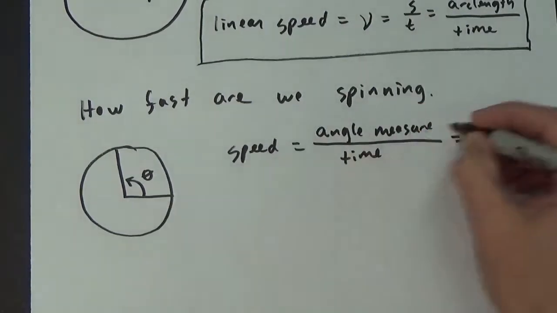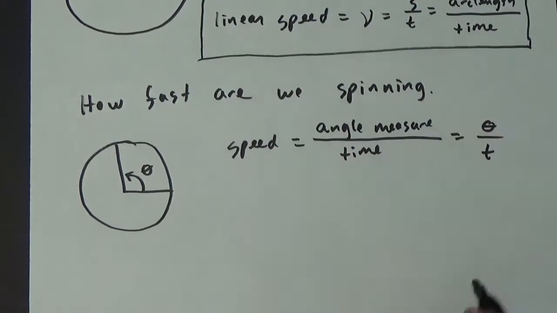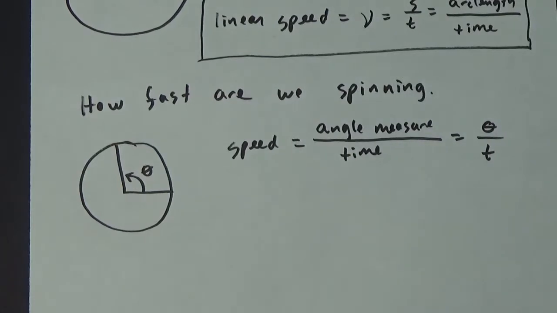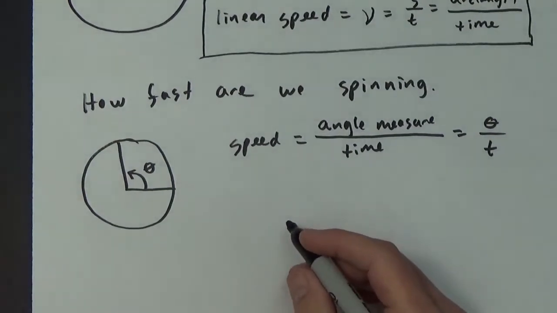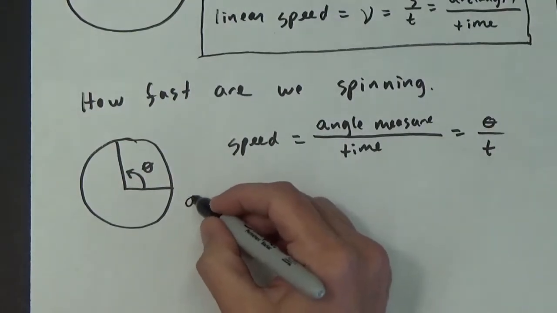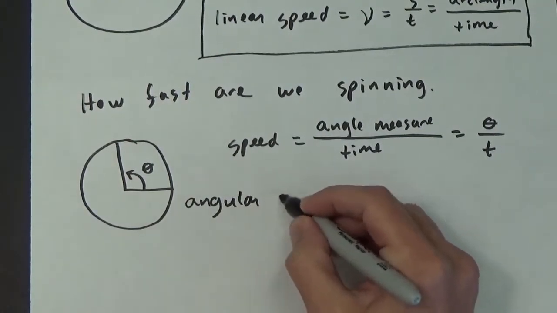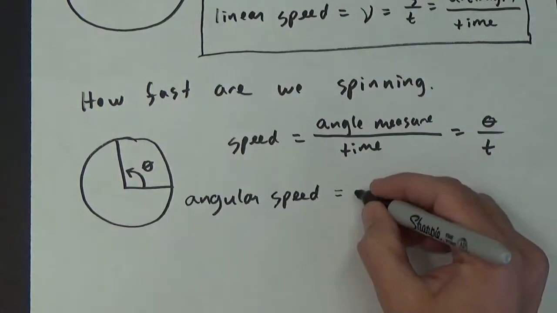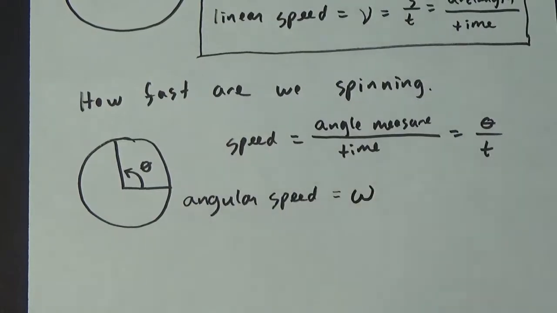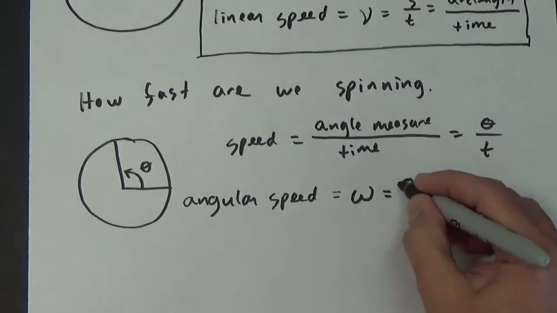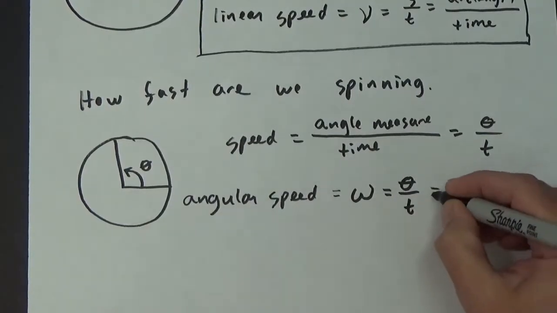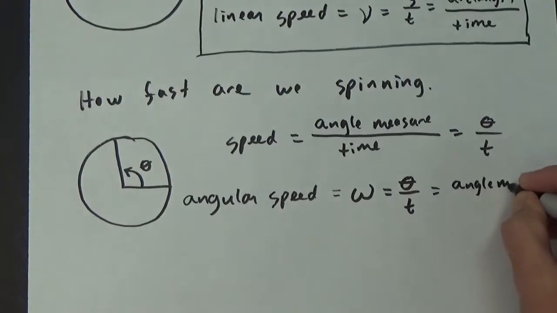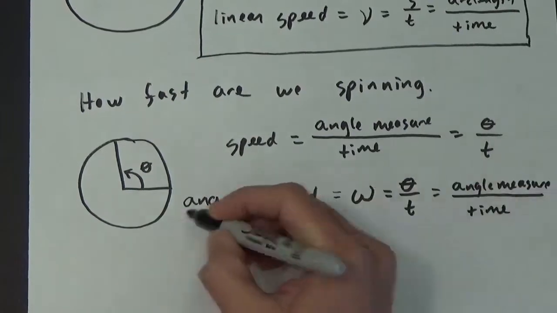Now, angle measure is theta, and time is still t. And so that is our angular velocity or angular speed. So our angular speed, now to indicate an angular speed, we have this thing that looks like a W. It's actually a lowercase omega. and that's going to equal theta over time, which is angle measure over time.